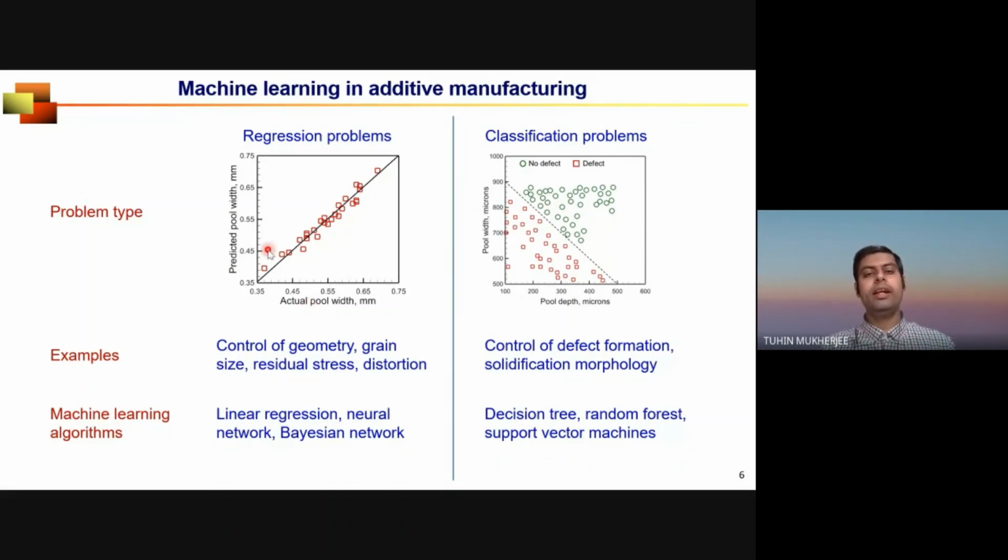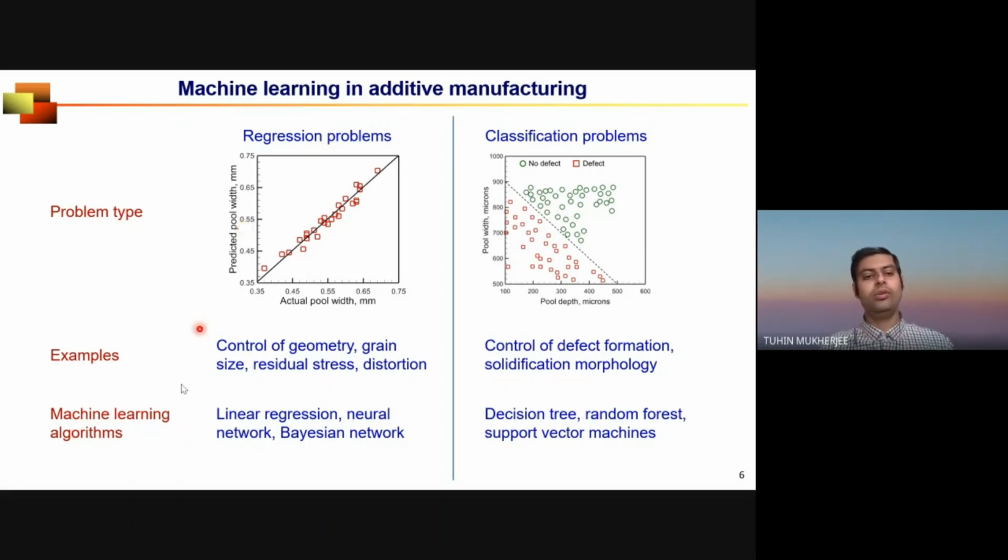So we can train a machine learning algorithm using values obtained from experiments and then use that trained algorithm to predict, let's say, molten pool width for new experimental conditions. So the advantage is you do not need to do a new experiment.